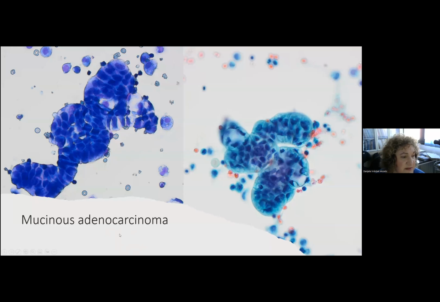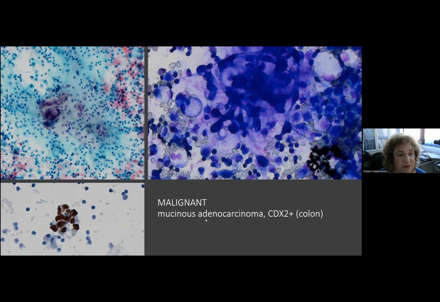Usually, sometimes we see mucinous adenocarcinoma. You can see here this honeycomb that our colleague previously described in the pancreatic cytology. We can just say it is like a drunken honeycomb. So we can use immunocytochemistry.